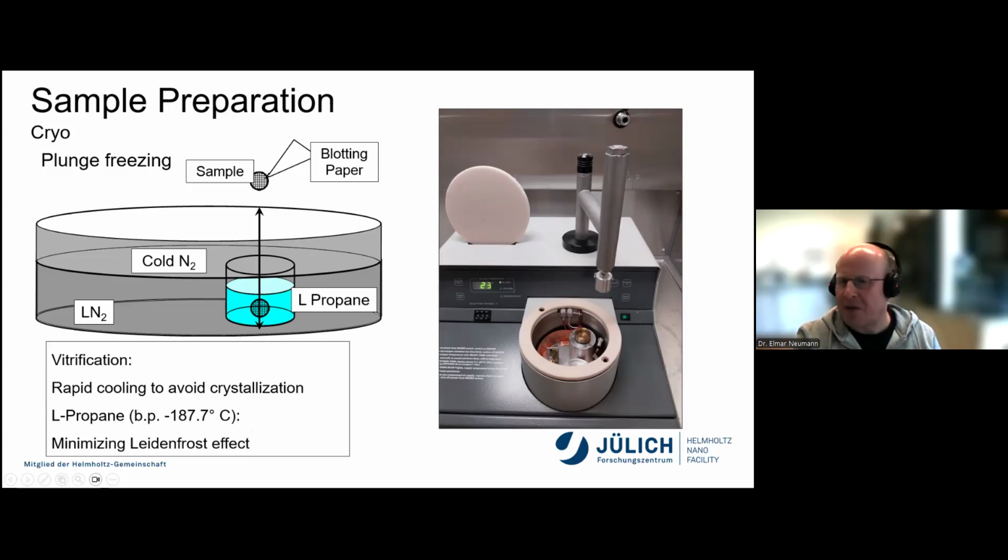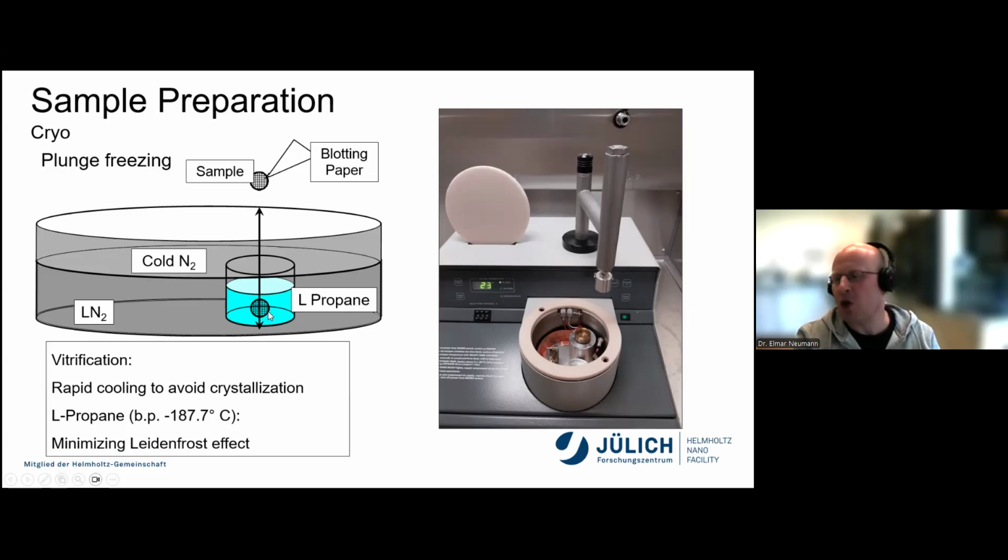This is the effect that lets drops of water dance around on hot plates without immediate evaporation. A protective layer will be formed that stops the temperature from decreasing any further.